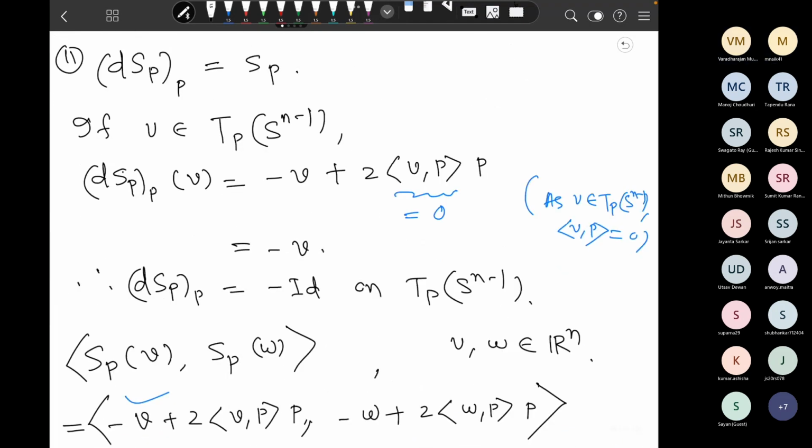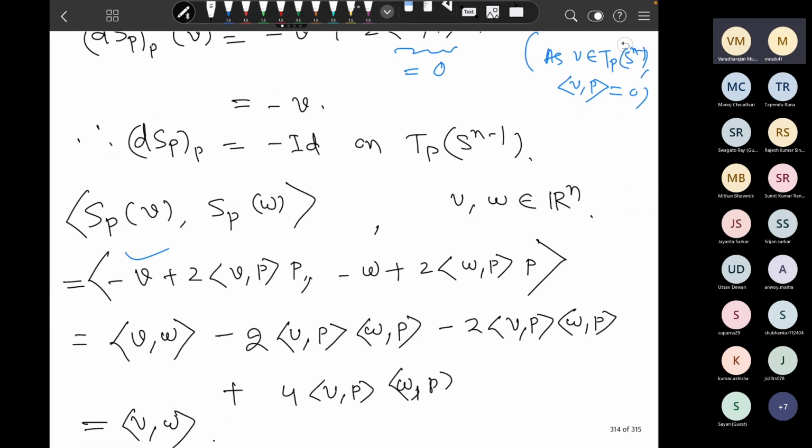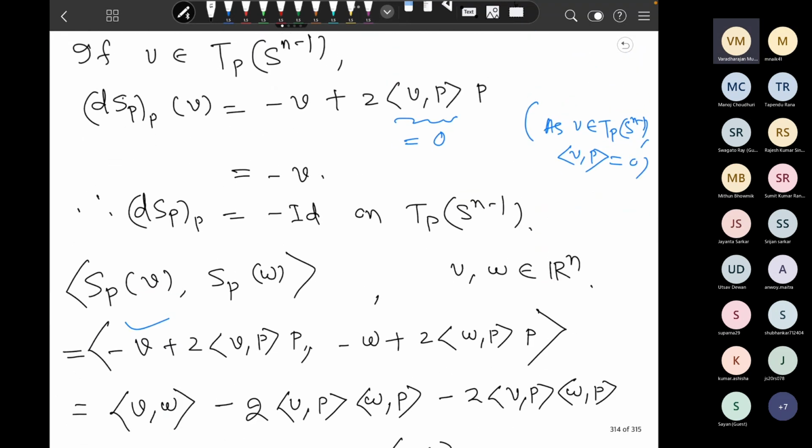You see, if you take v minus 2<v,p>p instead of minus v plus 2<v,p>p, that is the transvection. That may be the case, but here, because you want the derivative to be minus identity, you are taking this.